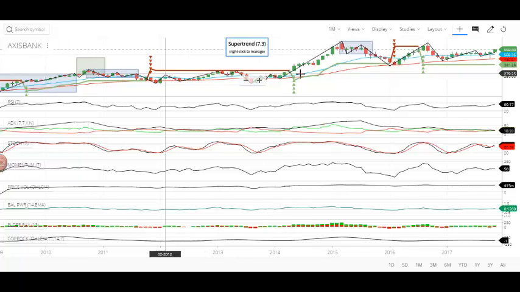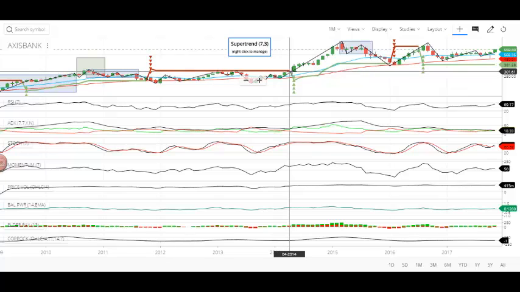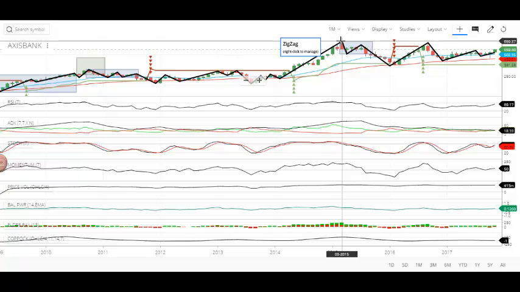After April 2014, again it started moving in the upward direction and reached its peak price in March 2015, and at that time the stock was trading at 659. Today the stock is trading at 559, literally 100 rupees less than its peak price.